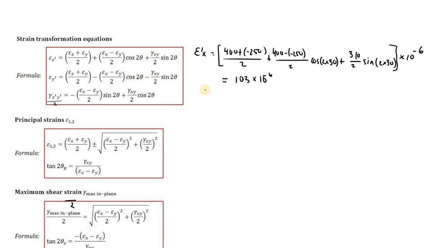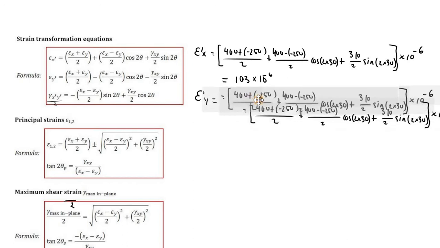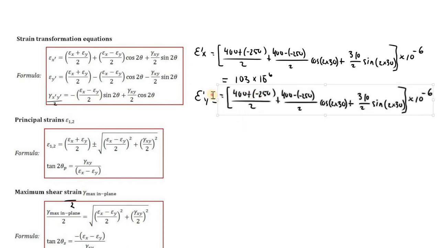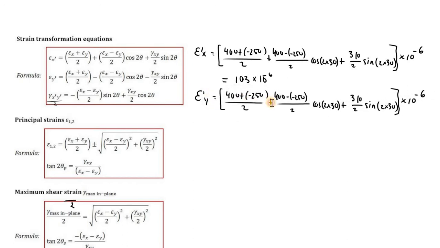And then we're going to go ahead and look at our strain transformation in the Y direction. And similar to when we calculate our stress transformation, these equations are pretty much identical. So I'm just going to copy this one, paste it in here. What is the difference though? It's simply just that these parts in here, it's going to remove them, where we had our plus sign.